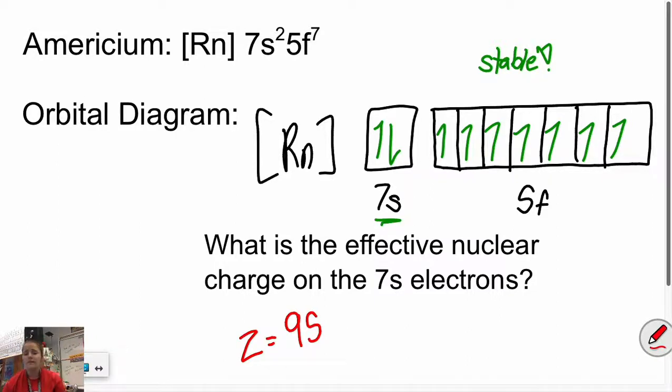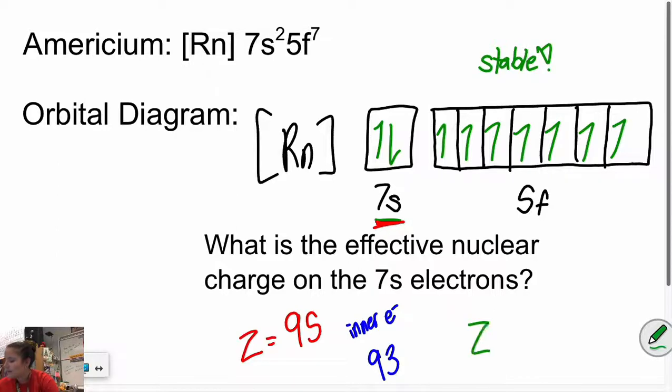Okay. Now, all of those electrons are inner electrons except for the 7s ones. So its total amount of inner electrons is going to be 93. Okay, because even those 5f, which got filled after, still went inside of those 7s electrons. So they contribute to the shielding of those outer electrons from the nucleus.